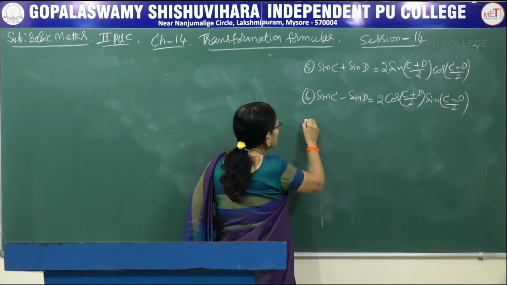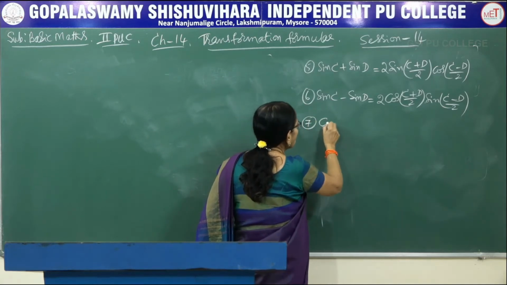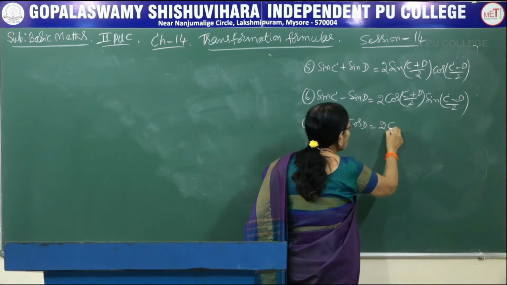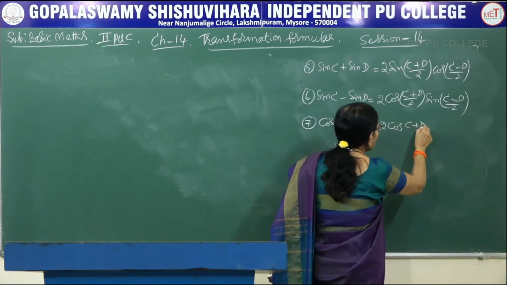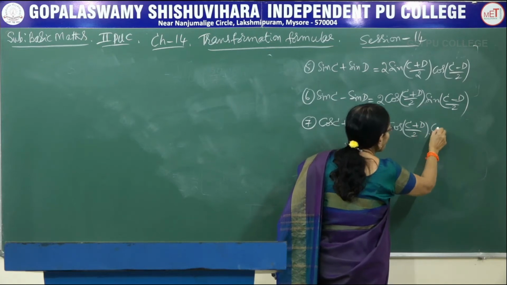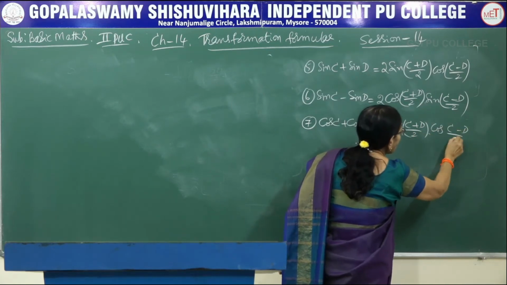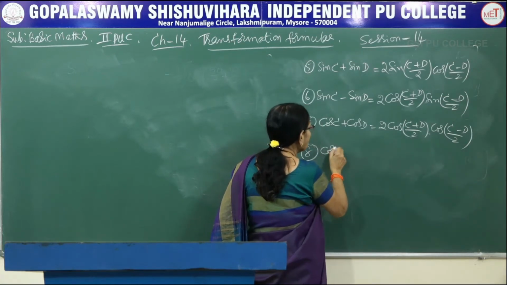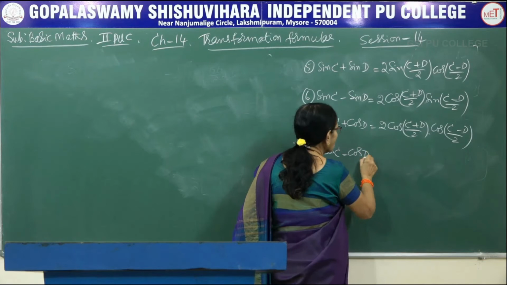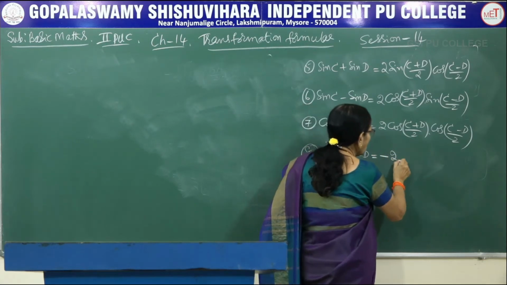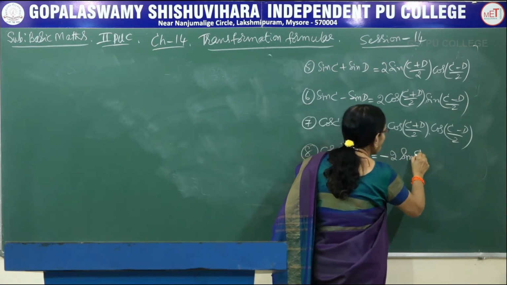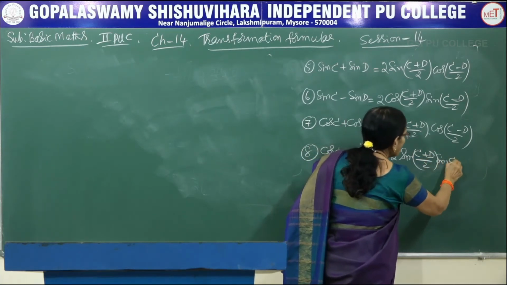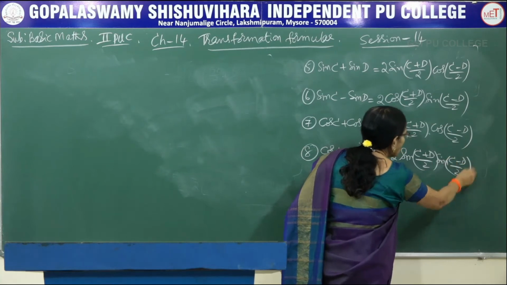Now, the seventh one, it is cos C plus cos D. This is 2 times cos of C plus D by 2 into cos of C minus D by 2. Finally, the eighth one is cos C minus cos D is, again we are having minus sign, minus 2 times sin of C plus D by 2 into sin of C minus D by 2.